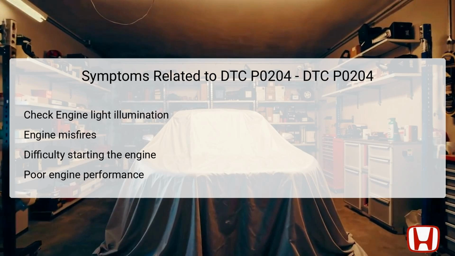Additionally, the engine may experience misfiring, leading to irregular operation and vibrations during idling or acceleration. Difficulties starting the engine can also occur, particularly if the affected cylinder fails to receive adequate fuel. Overall, drivers may notice a decline in engine performance, exhibiting reduced power output and efficiency.